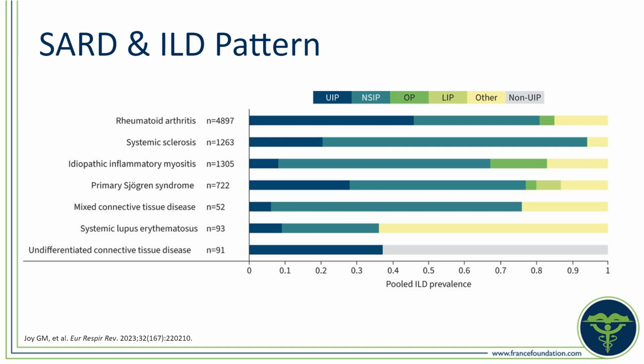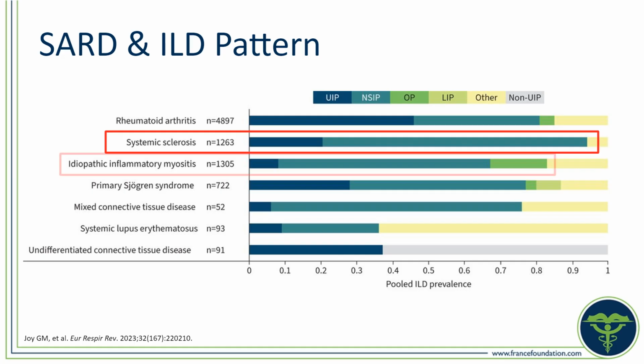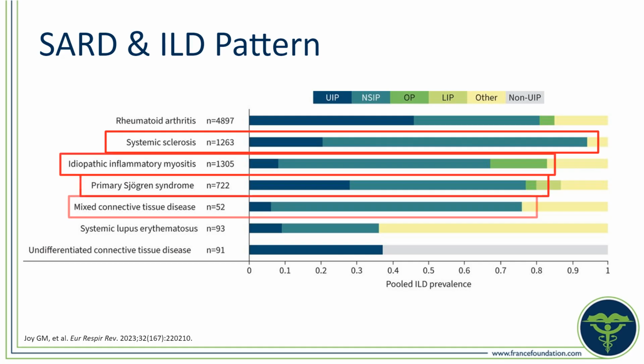That's unique because for the rest of these rheumatic diseases, NSIP is actually the most common interstitial lung disease pattern present. That's the case for systemic sclerosis, myositis, Sjogren's, and mixed connective tissue disease, where overall about 50 to 70% of interstitial lung disease cases are related to NSIP.